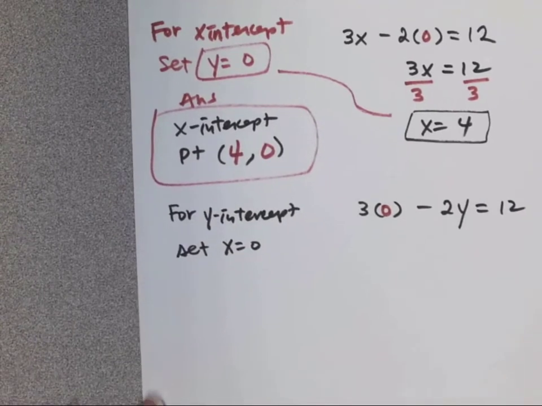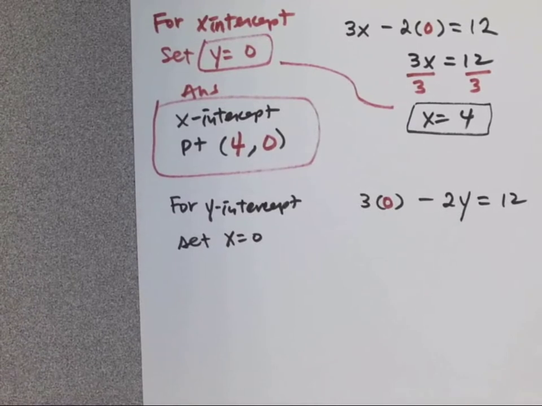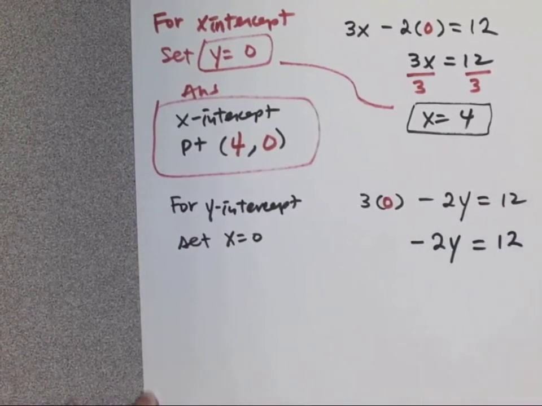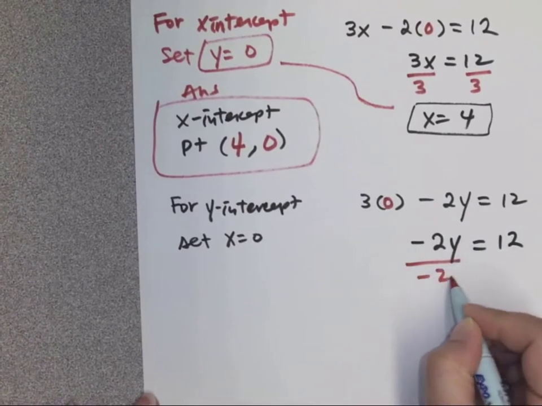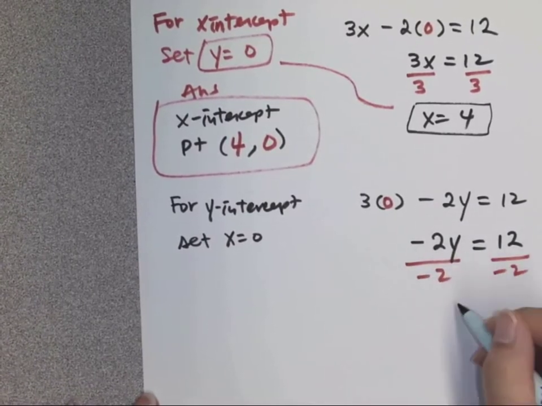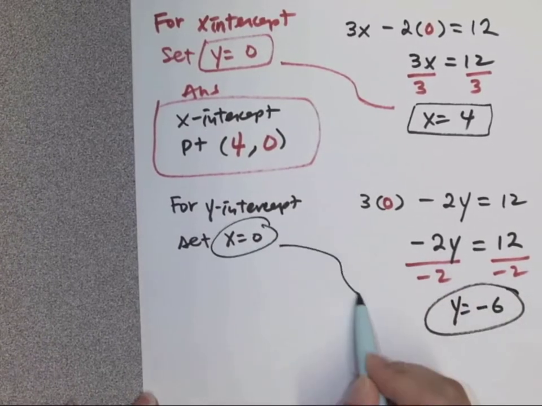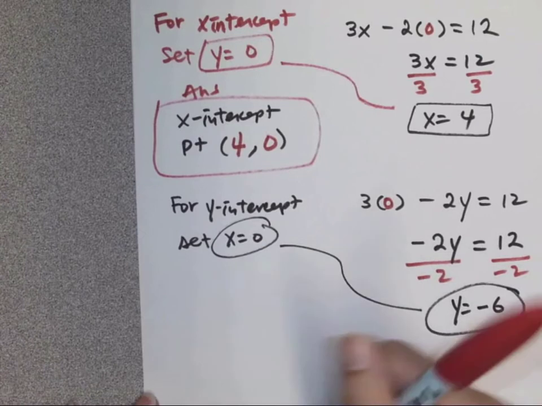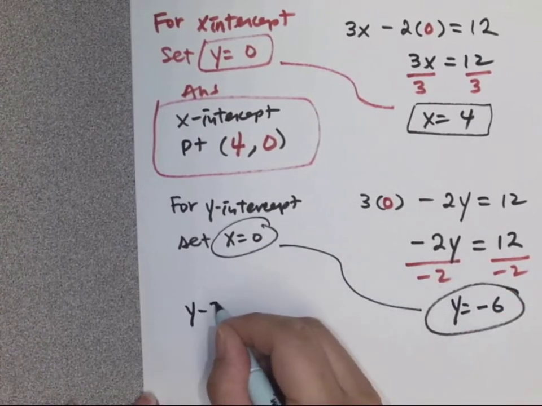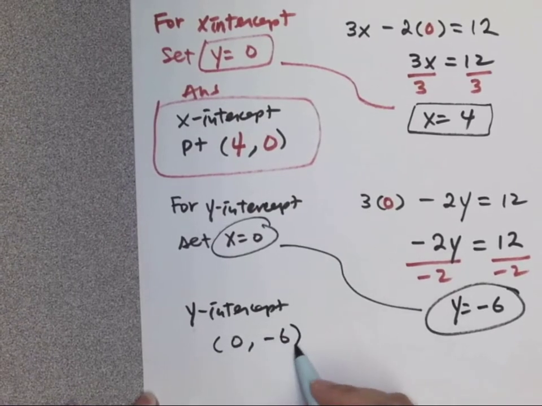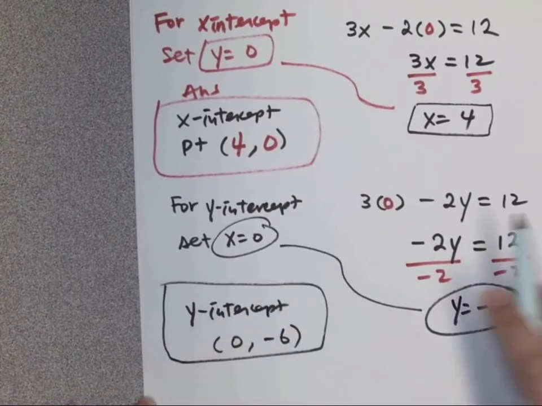Be careful with the sign. y equals... Very good. Don't forget to bring down the negative here, okay? That would be a common mistake. Divide by negative 2 on both sides. So y equals negative 6. So if x equals 0 and y equals negative 6, my y-intercept should be (0, -6). So those are the two answers.